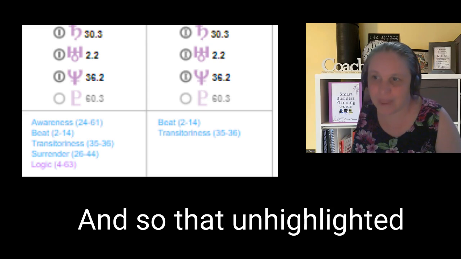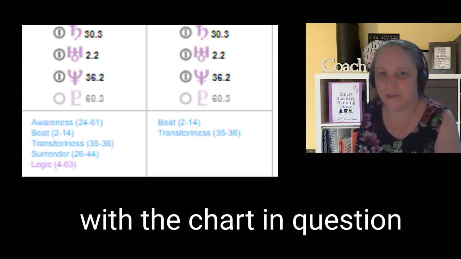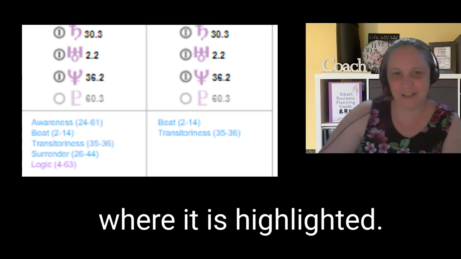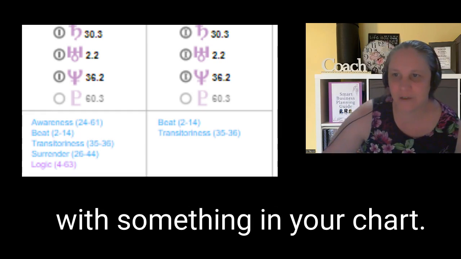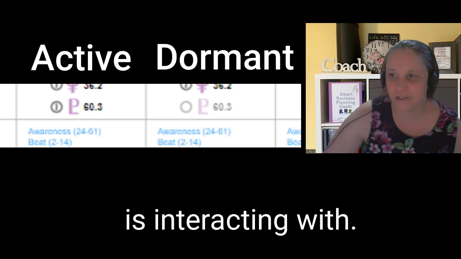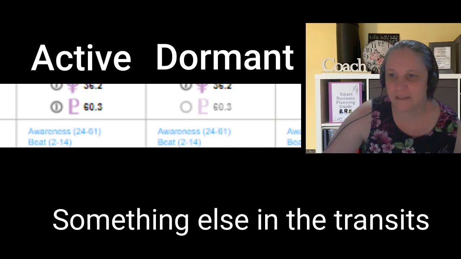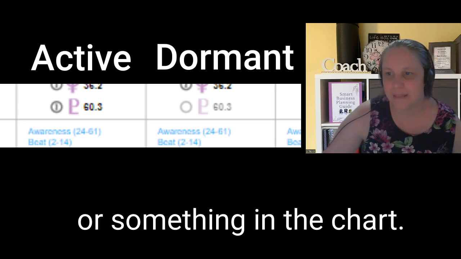And so that unhighlighted bit means it's not interacting with the chart in question. Where it is highlighted, it means that it is interacting with something in your chart. So for example, in this chart, almost everything is interacting with either something else in the transits or something in the chart.